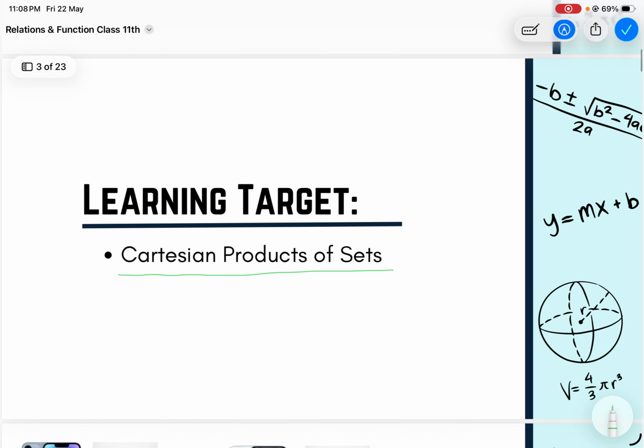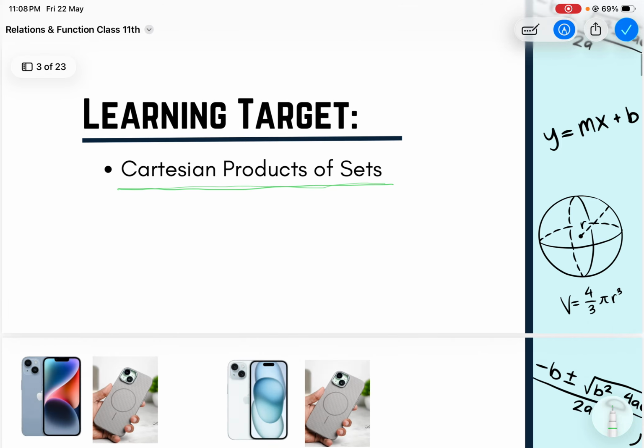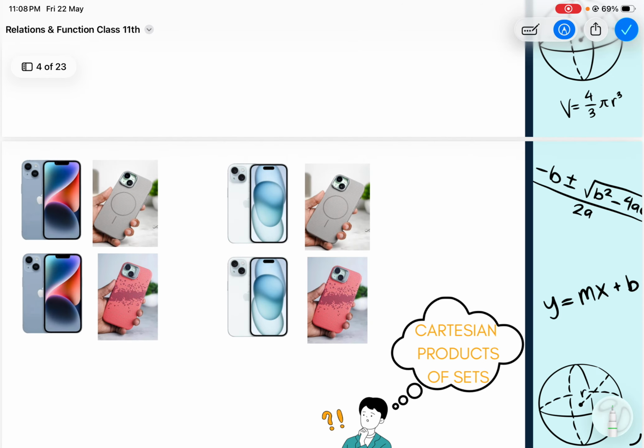Now let's get back to our topic, Cartesian product of sets. What does it mean? For example, I have this iPhone, blue color, and this one is a light blue or white, I don't know the exact color.